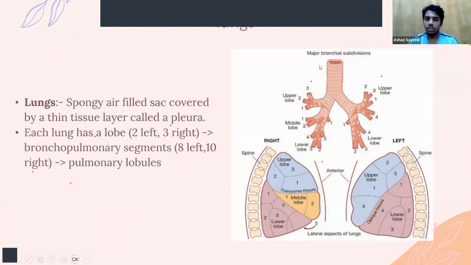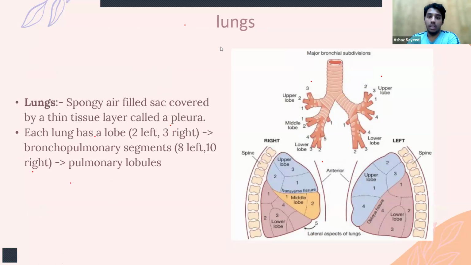So we'll talk about lungs. We'll be talking about your lungs. The lungs are spongy air-filled sacs covered by a thin tissue layer on the outside called the pleura. Now each lung has lobes.